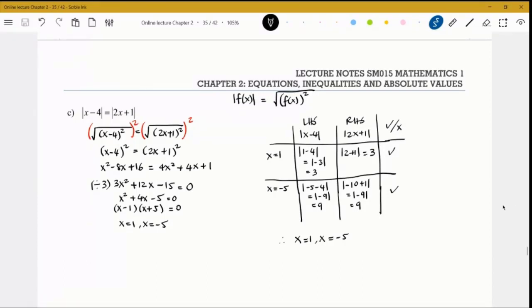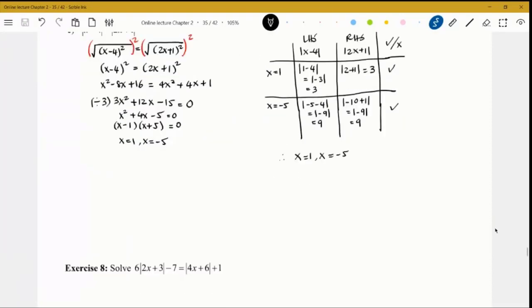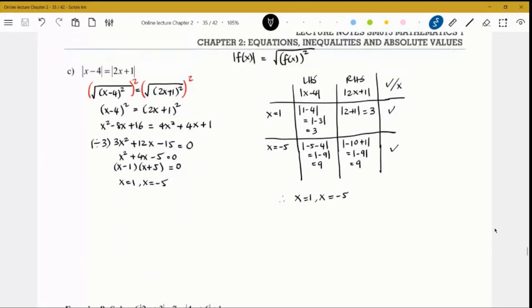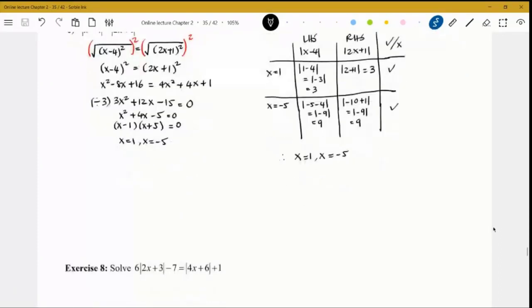Okay. Alright. So we move to the next one, which is exercise 8. Yang ini adalah guidance untuk kamu buat dalam tutorial 2.3. So we have 2 modulus and then a constant.